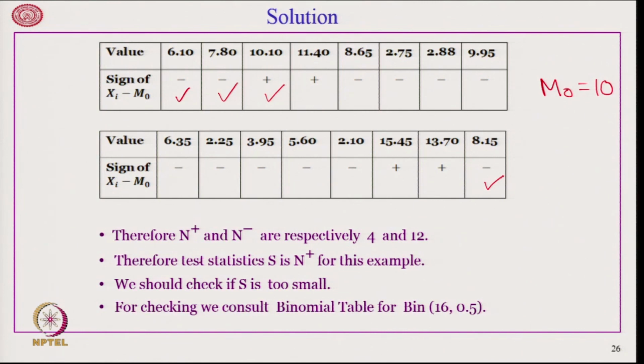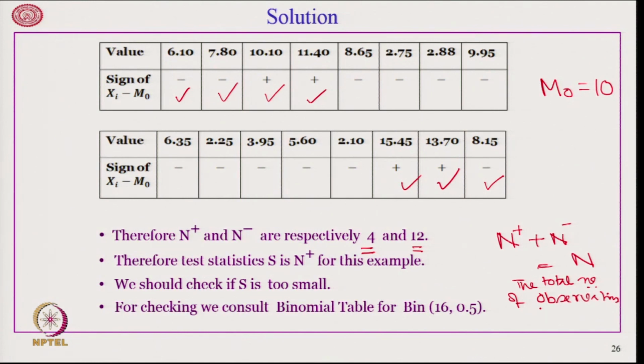Therefore, what is the value of n plus? n plus is 1, 2, 3, 4, and therefore, quite naturally n minus is going to be 12, because we have 16 observations, and n plus plus n minus is equal to n, the total number of observations.